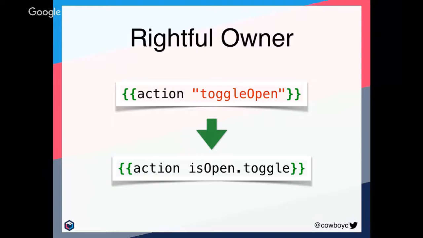Here's the way we would have written that action before, and now it's very clear. We've even gotten rid of a string. We're holding on to this JavaScript value. Instead of the component or the controller owning the action, the microstate itself owns the action. In other words, the datum that is going to be acted upon holds the action. That's the big difference.